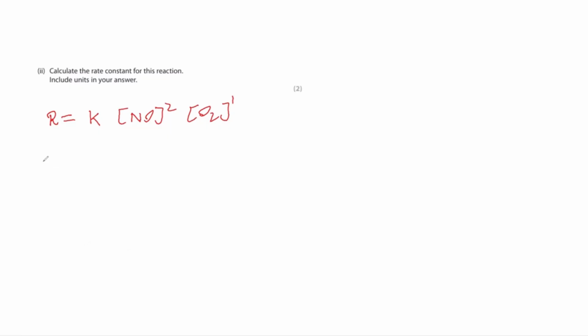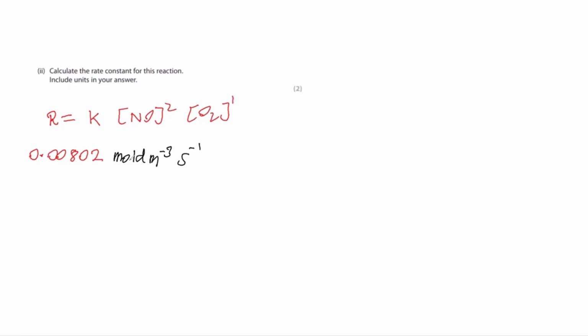So rate is there. If I use the first data set, it is 0.00802. It's better to write the units, because they not only want the answer, they want your unit as well. Rate usually comes in moles per cubic decimeter per second, because rate means simply concentration change over time.